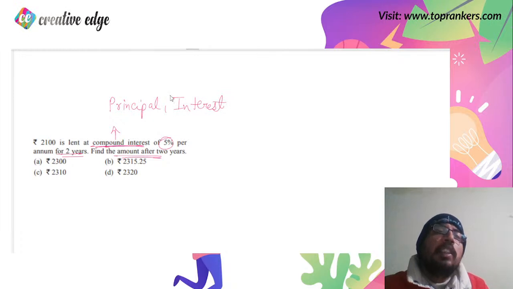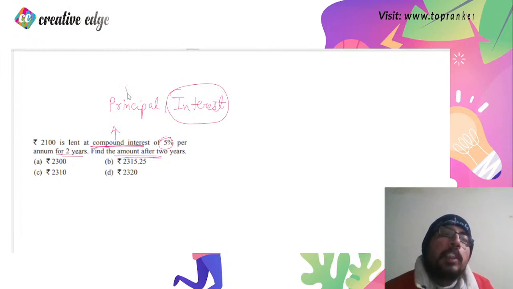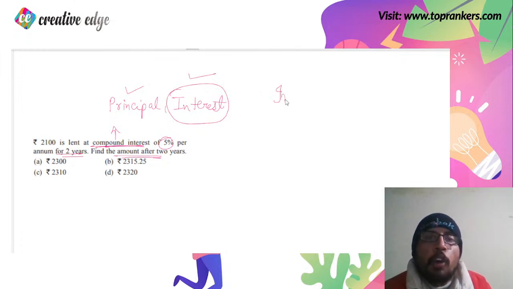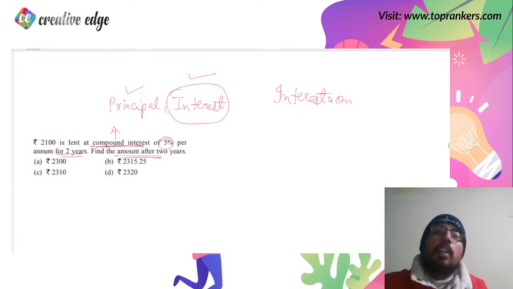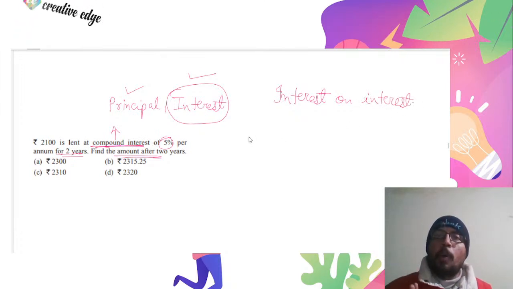In simple interest, this interest has no influence over the amount. But in compound interest, we calculate interest on principal and also interest on interest. That is why compound interest is basically interest on interest. That means you are being compounded twice. This is what compound interest means.